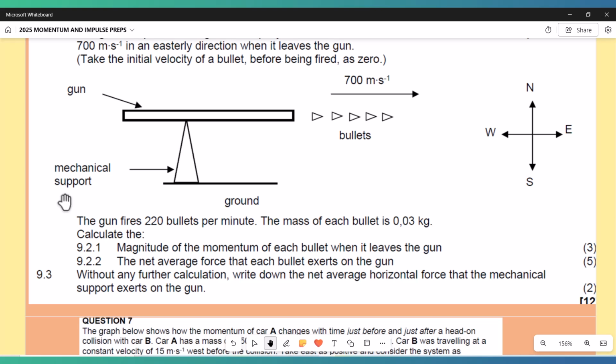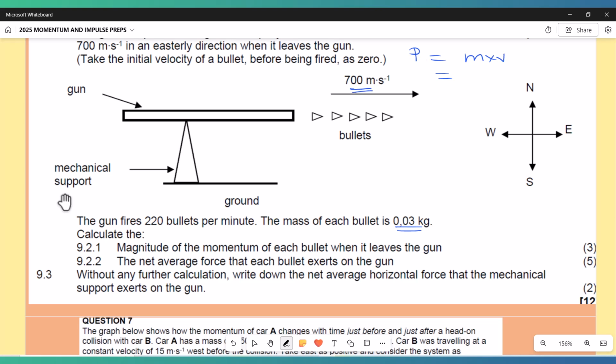Now, how do we find the momentum, guys? What do we say about momentum? Momentum equals mass times velocity. The mass of the bullet we know here, it is 0,03. What about velocity? We see it is 700 here.